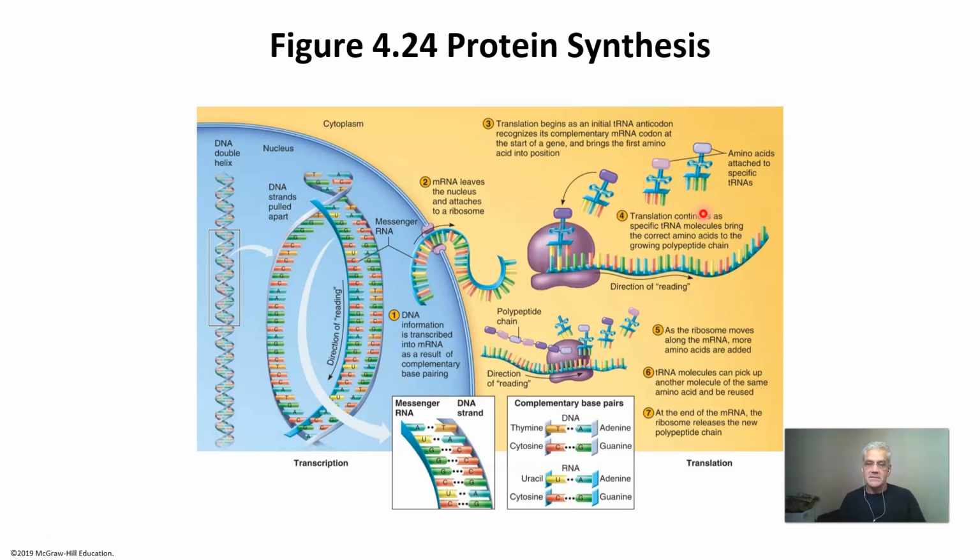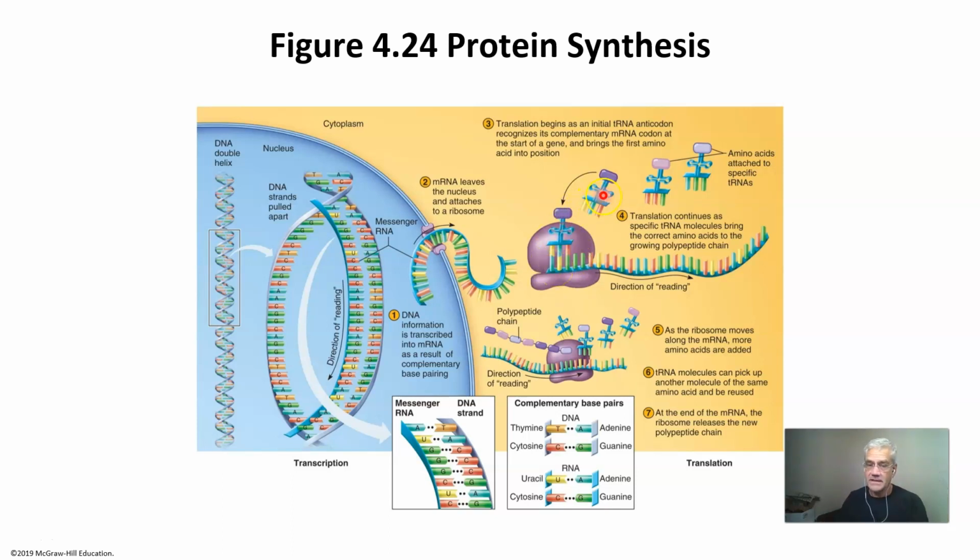But it makes sense. Here on DNA you had a codon. That was transcribed into a 3-base codon on mRNA. So I have a codon here. Well, I have to translate it. If I'm going to translate it, I have to have an anticodon. The anticodon is on tRNA. It has a complementary base sequence to my RNA.